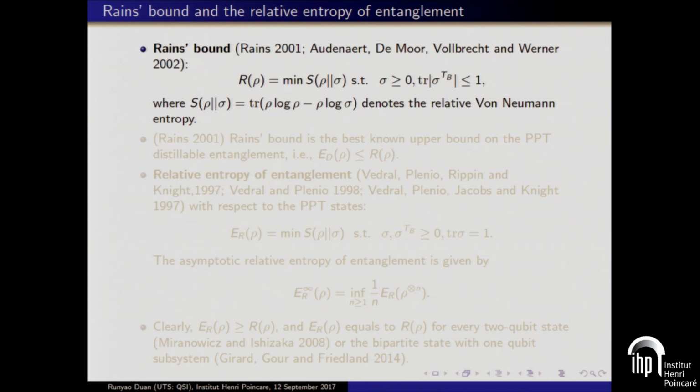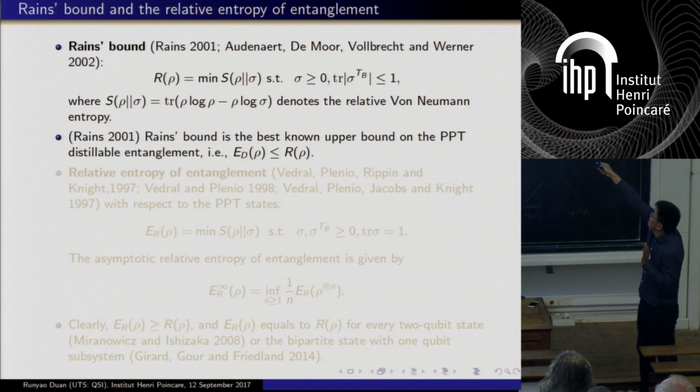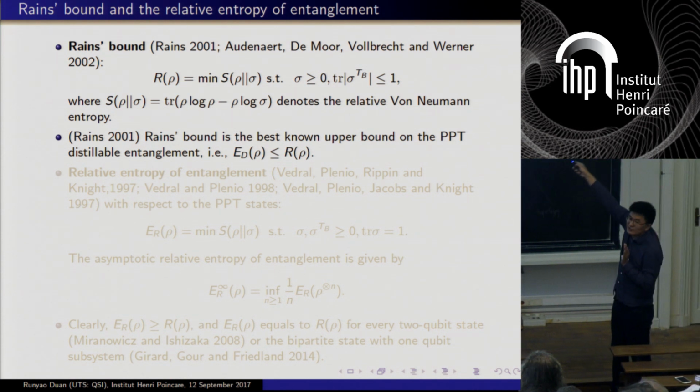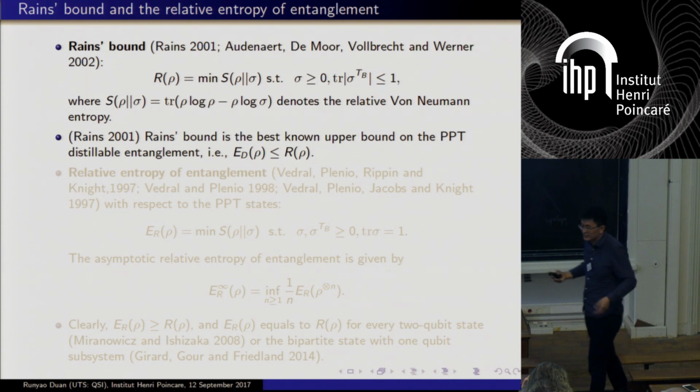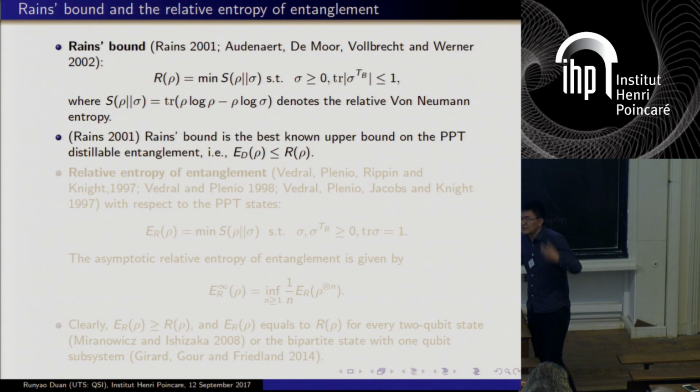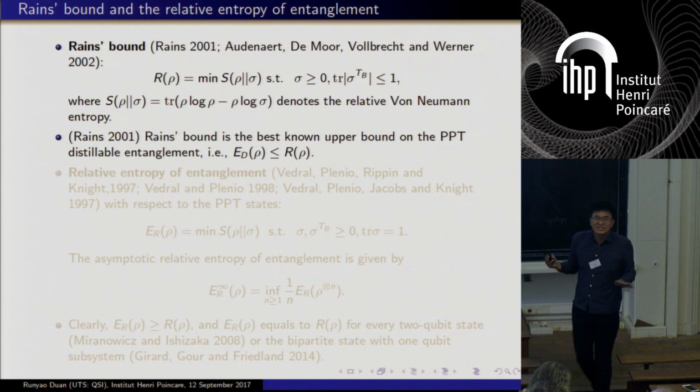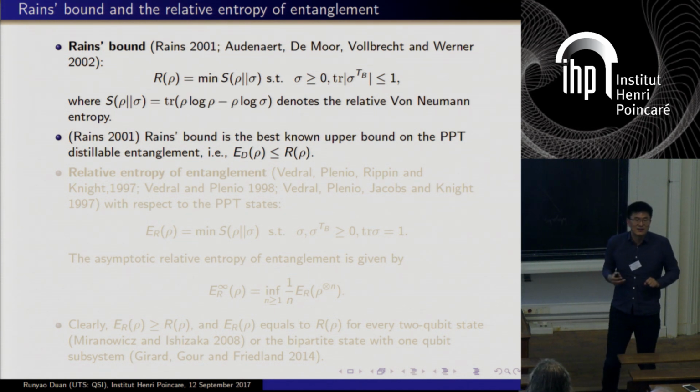Okay, so once we have this, the Rains bound is an upper bound of this ED. Please see here: this one is not an SDP. It's some formula. Maybe we can have some algorithm to calculate this, but it's not an SDP, which means it's not easy.